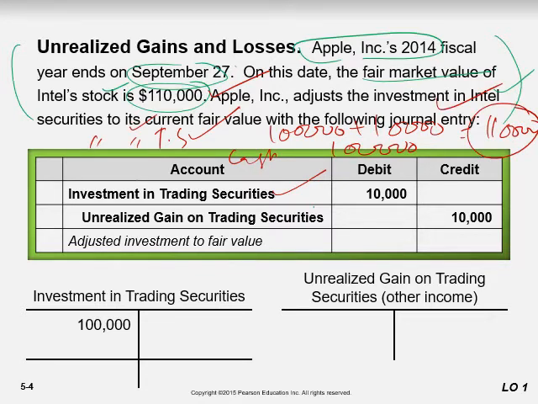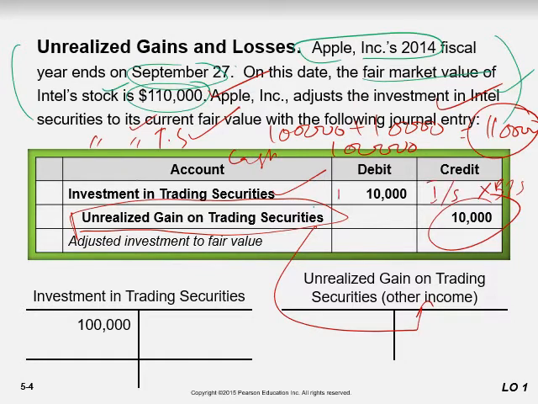And remember, the unrealized gain on trading securities is an income statement item. So this will not go to the balance sheet, it will go to the income statement, and this will go to the balance sheet, adding on to the existing trading securities, so that its amount on the balance sheet will be 110,000, right?